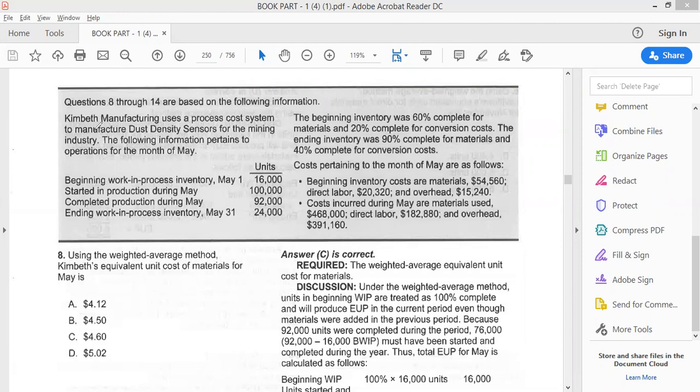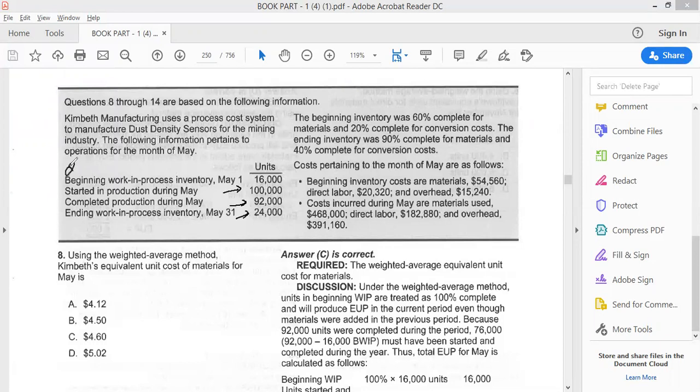Students, he's saying that Kimball Manufacturing uses a process cost system to manufacture dust density sensors for the mining industry. The following information pertains to operations for the month of May. We have the beginning work in process inventory. Units started during May 100,000, completed production during May 92,000, and ending work in process 24,000.